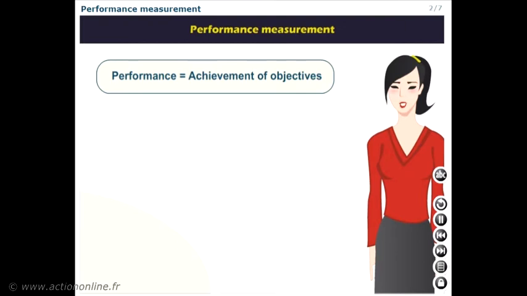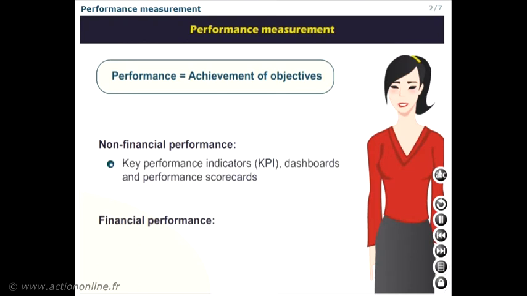There are two aspects to performance measurement: financial performance, which corresponds to the achievement of financial objectives, and non-financial performance. To measure non-financial performance, we use non-financial indicators and performance scorecards. We will not be covering this aspect today.